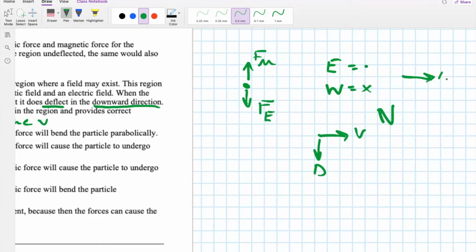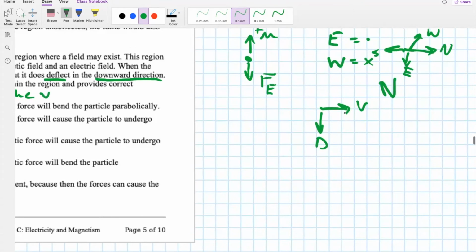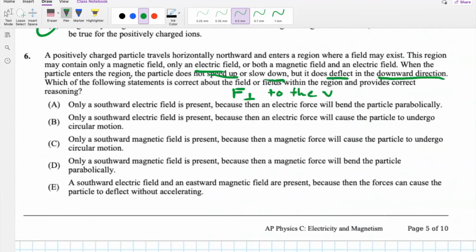In case, like north, south, east, west. Okay. So to get this, we can do our right-hand rule. We're going to have a downward force. Our thumb points down. Our velocity happens to be to the right. With a right-hand rule on a positive charge, the field should be pointing out of the page. And so I believe that should be eastern.